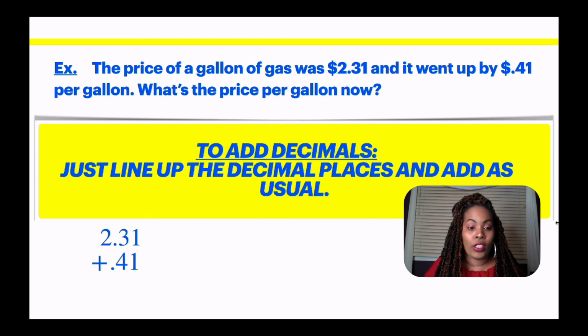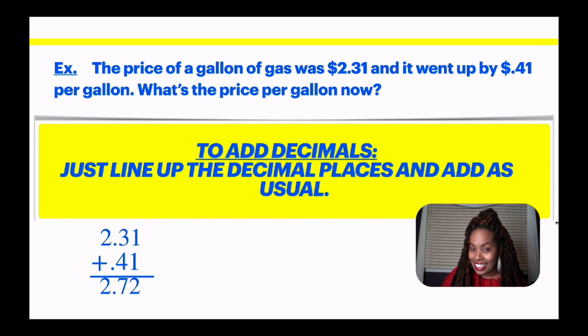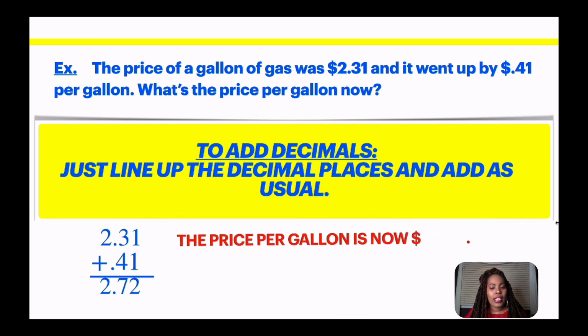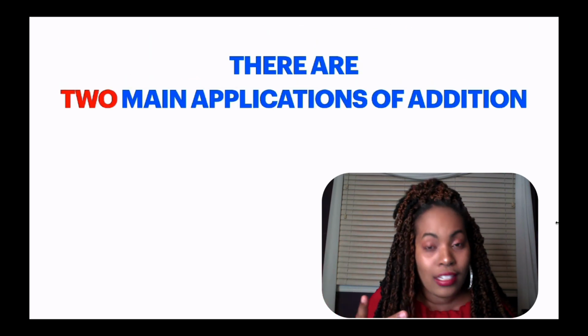Once you add that together, we end up with 2 and 72 hundredths. But since we're talking money and dollars and cents, what this really comes down to is $2.72. So to answer their question, the price per gallon is now $2.72.